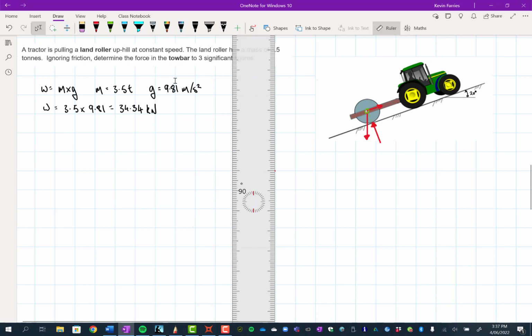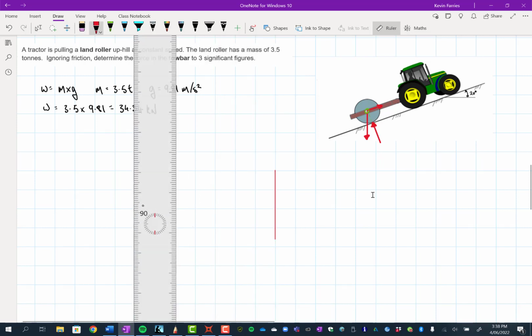So a scale diagram is not going to give us enough accuracy, but it's always a good check, so it's always worth doing. So we'll do 10, 20, 30, 4. Just using my ruler, not the squares. 10, 20, 30, 4 kilonewtons.